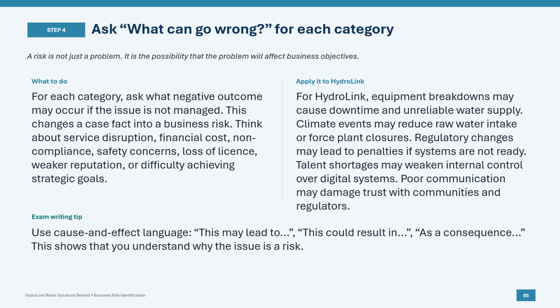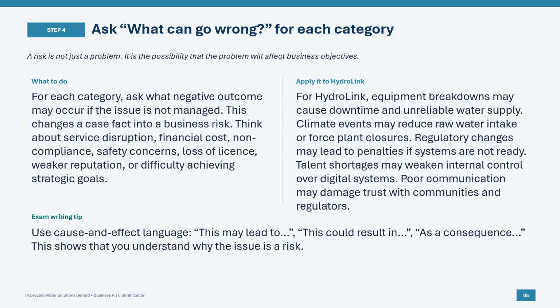Think about service disruption, financial costs, non-compliance, safety concerns, loss of license, weaker reputation, or difficulty achieving strategic goals. So these are all things that may help you to find the risk.